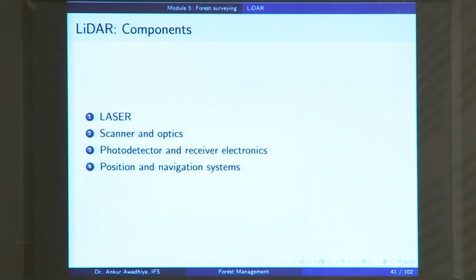Then when the laser comes back, you detect it using a photodetector and you use the receiver electronics to convert it into a signal, and then you have positional and navigational systems to exactly know the location and the orientation of the aircraft. So, with all of these components added together you have an idea of how the surface appears.